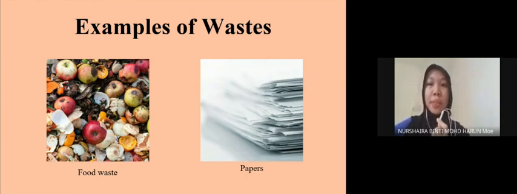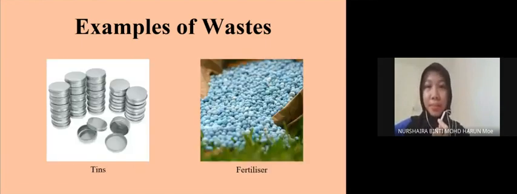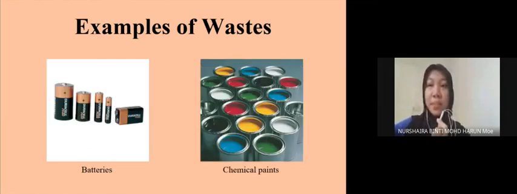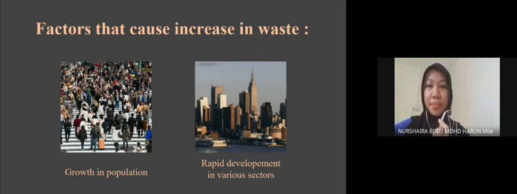These are some examples of waste: food waste, papers, tins, fertilizers, and chemical paints. These are the two main factors that increase waste. First is the growth in population and development in various sectors.